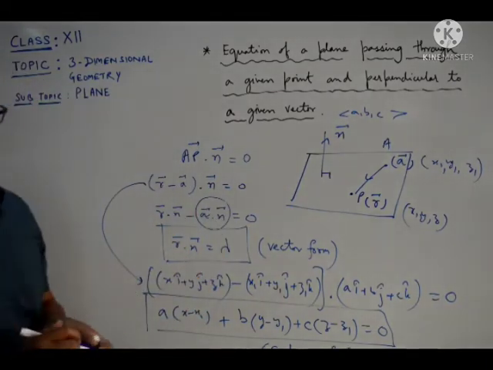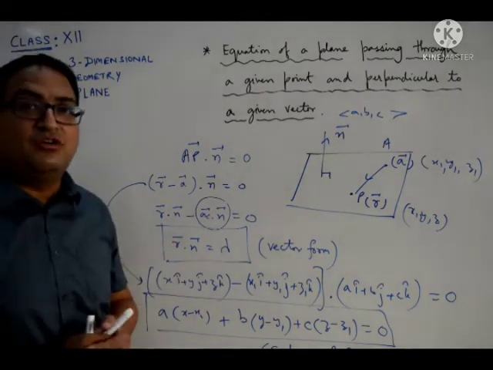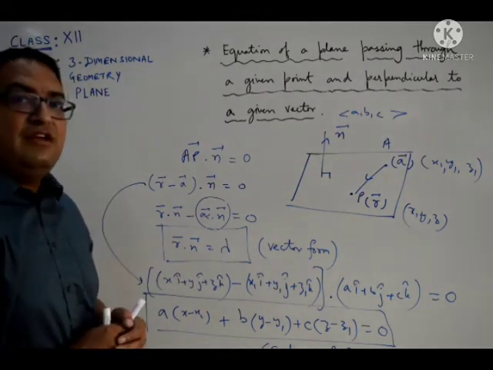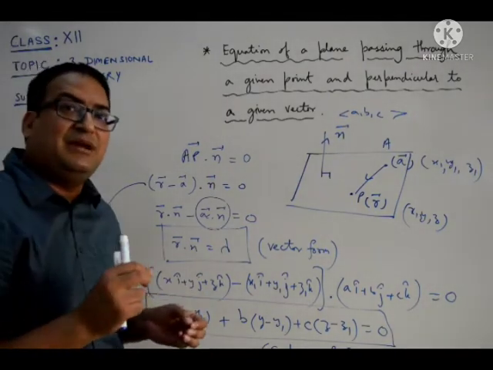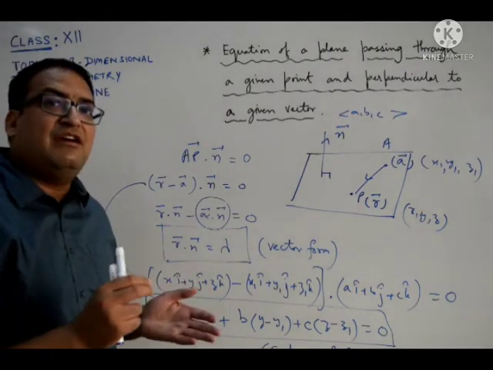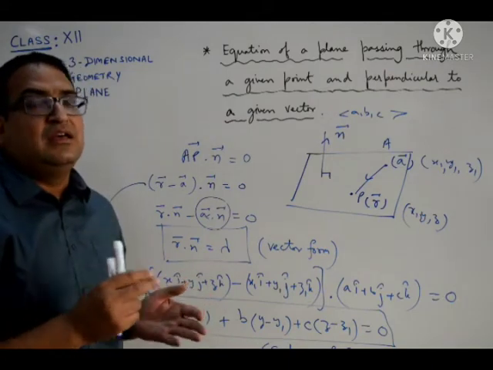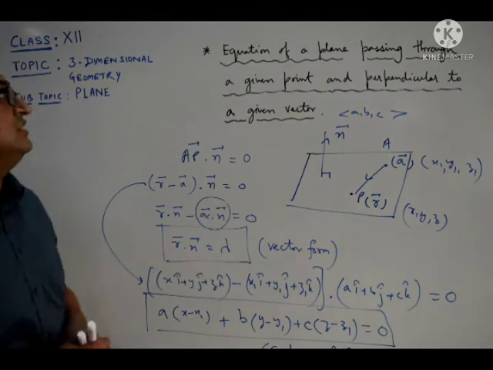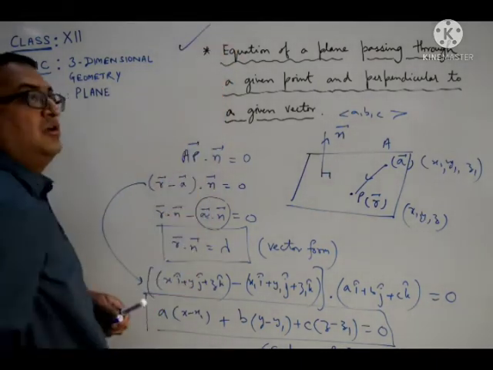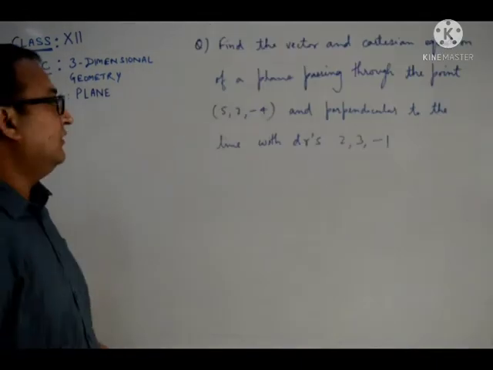In both these forms, this is a very important form of a plane. Whenever we want to find the equation of a plane, we will be looking for a point through which the plane passes, and if we have a vector which is normal to the plane, we can always write the equation of that plane using this form. So this is the very important form of plane.